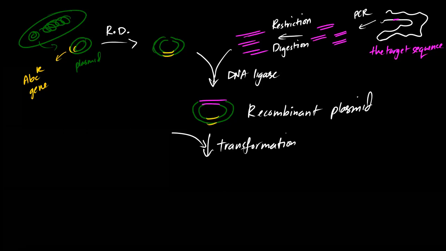And then we use millions of bacterial cells, and these bacterial cells have an ampicillin-sensitive phenotype.